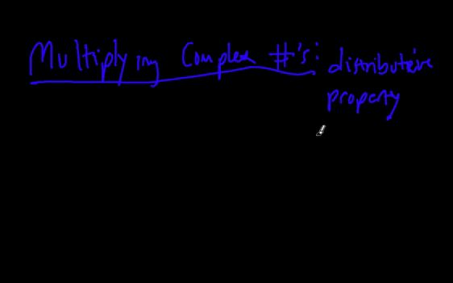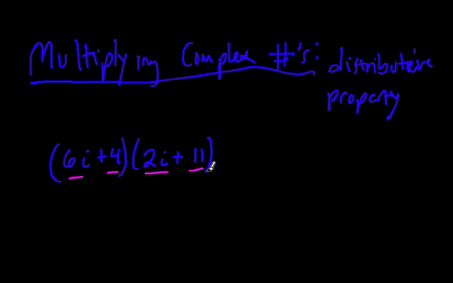So what does that look like? Well, let's say we had 6i plus 4 times 2i plus 11. When we use the distributive property, we take these two terms and multiply them by these two terms over here.